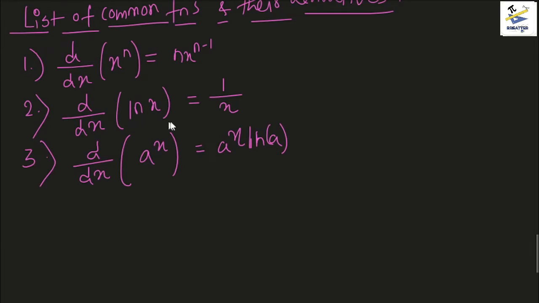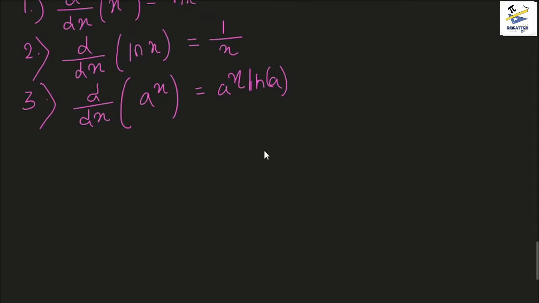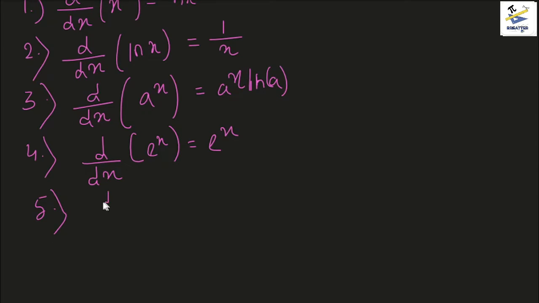d dx of ln of x is 1 by x. d dx of a to the power x is a to the power x into log of a. Number 4. Is a to the power x. Number 5. Number 6.